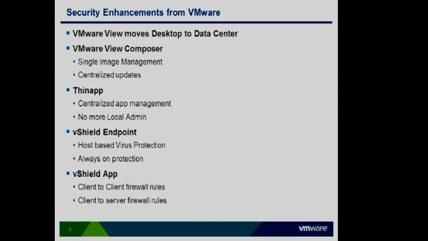And with View, we're able to change that. With Composer, I can take that master image that's assigned to 1,000 people, and I can patch it. And as I patch it, I get asked the question, Dave, when do you want this to take effect? I can want it to take effect now. I can have it take effect at 3:55, so I guarantee it's done by 4 o'clock.